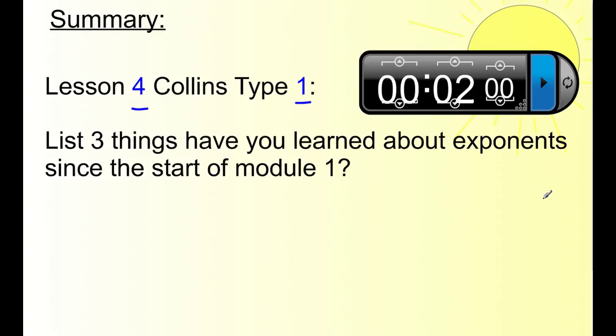Okay, so you might have learned things like some of these new properties. We learned in the last lesson a whole bunch of new properties we used for simplifying exponential expressions that have big exponents in them, like the power of a power property, product of powers property, negative exponent property.